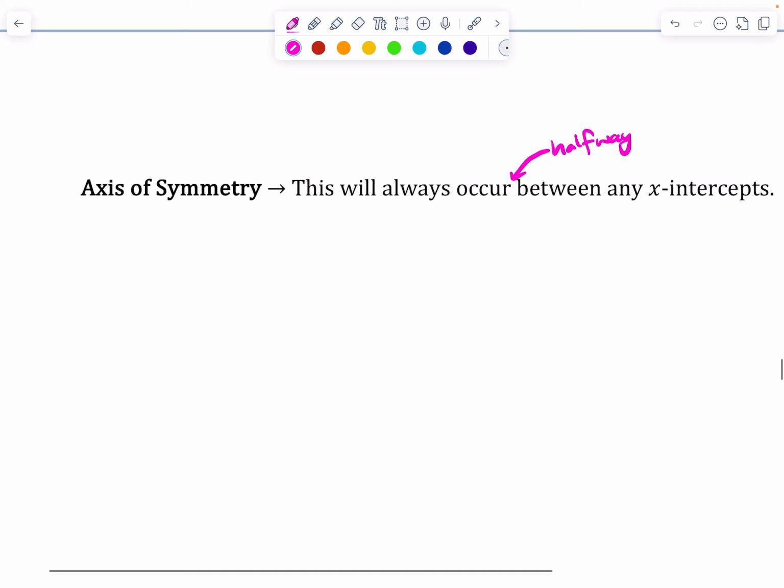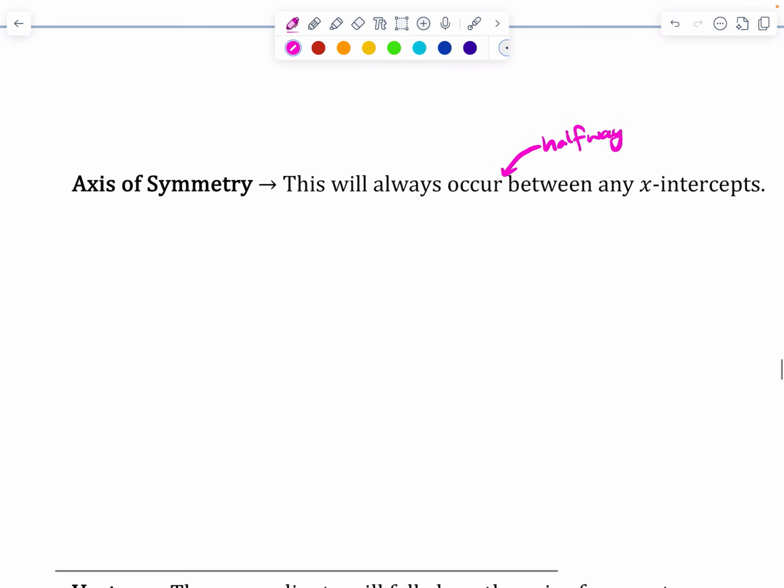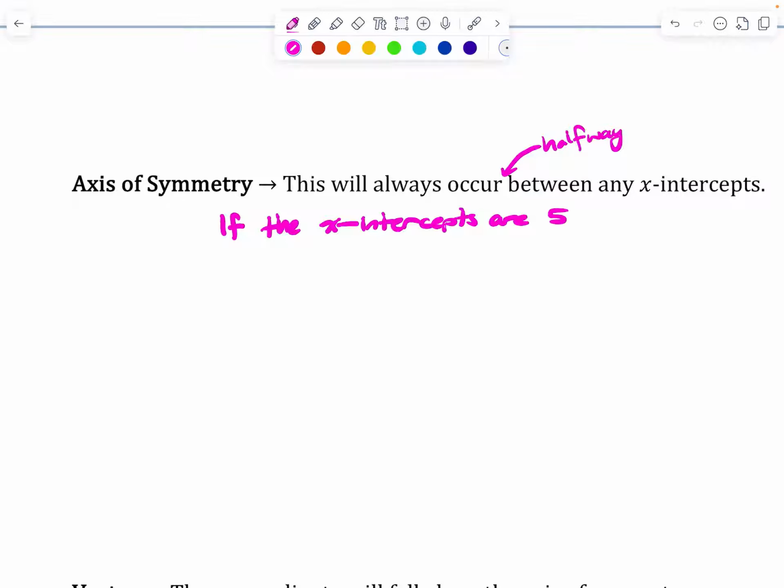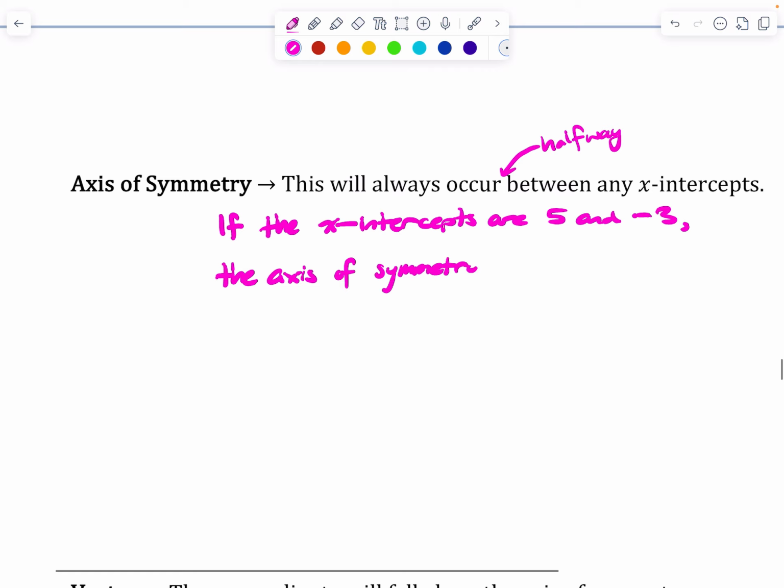That means that if the x-intercepts are 5 and -3, the axis of symmetry is the average of them.